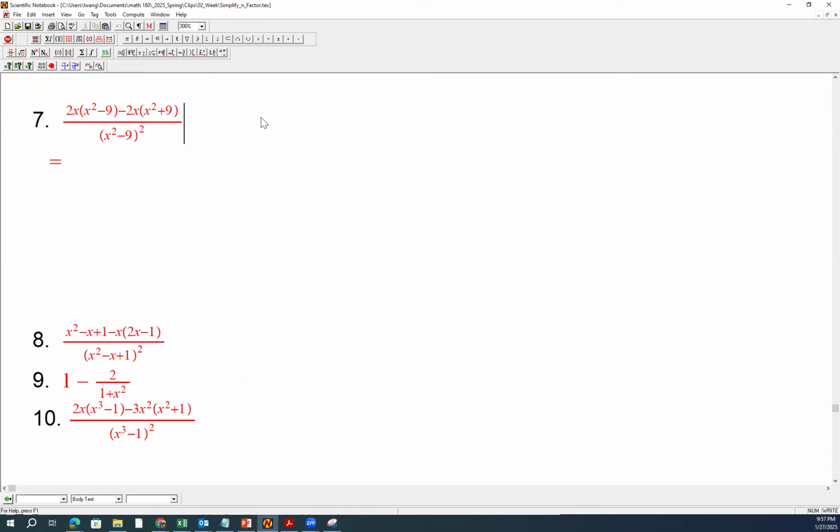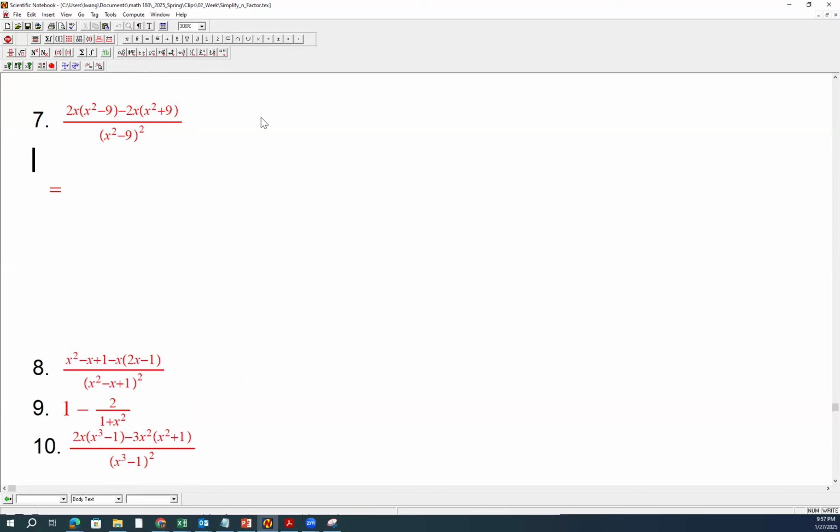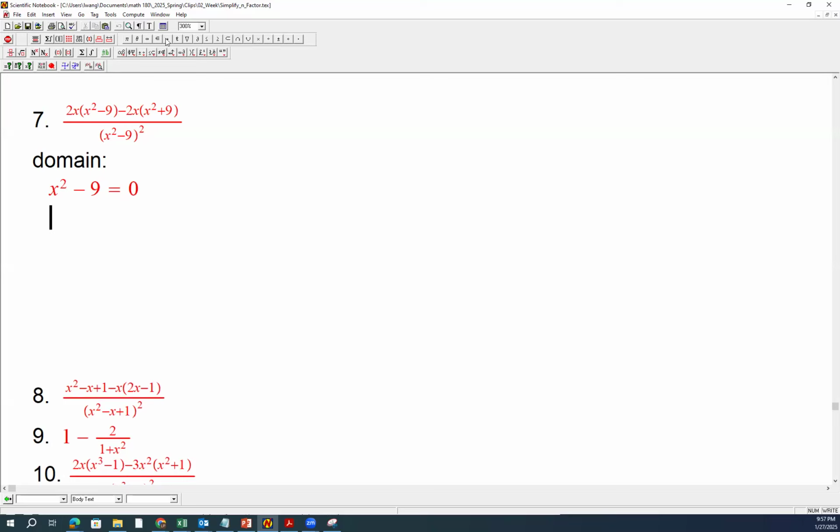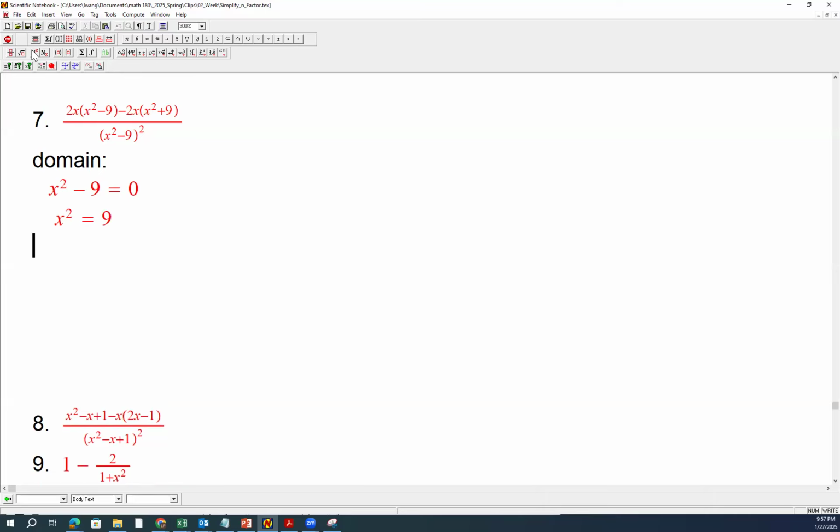To determine the domain, we need to set x squared minus 9 equal to 0, right? So you can solve this equation. You're going to get x squared equals 9. And then you take the square root on both sides just to determine the domain.